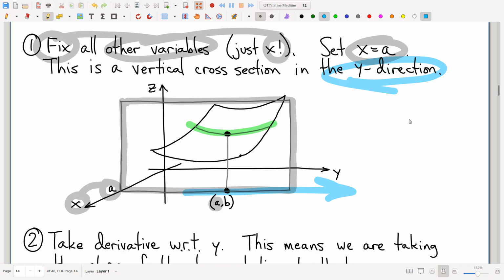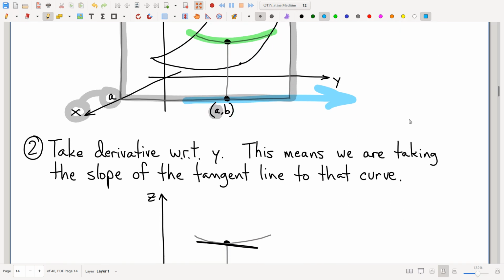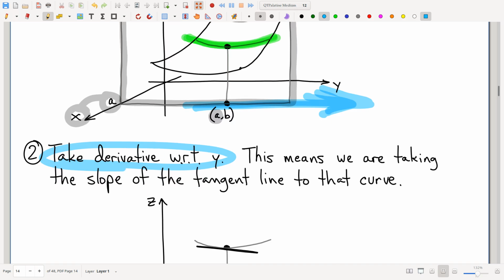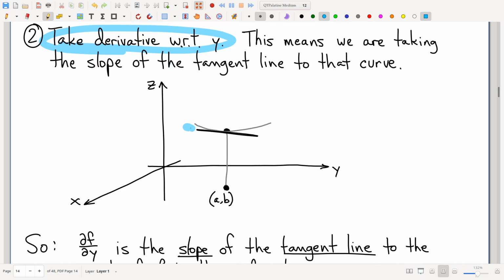Okay, next step. This resulting single variable function, and by the way, this cross section that we're looking at is the graph of our single variable function, which we are then going to take the derivative of with respect to y. In other words, as we move in that direction, taking a derivative when you're looking at a graph, which we are, just means slope of the tangent line. So that's the answer.